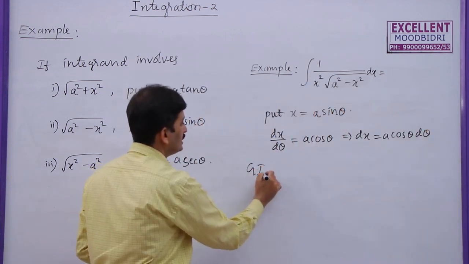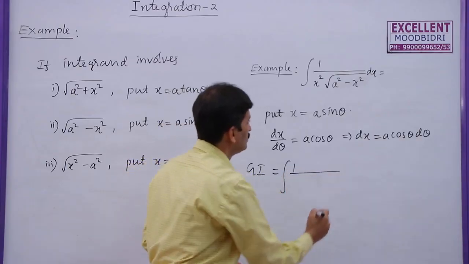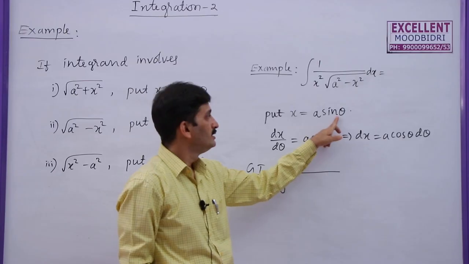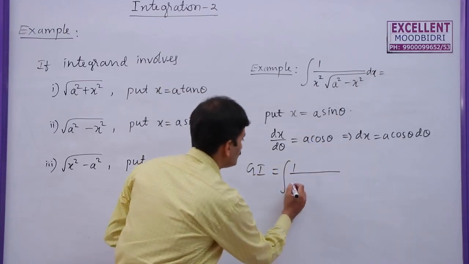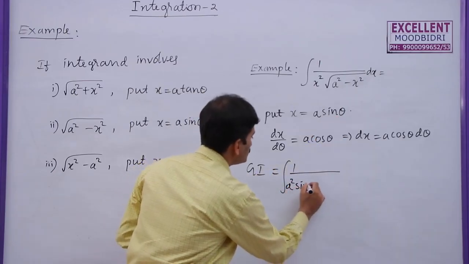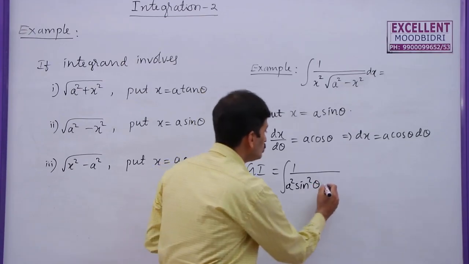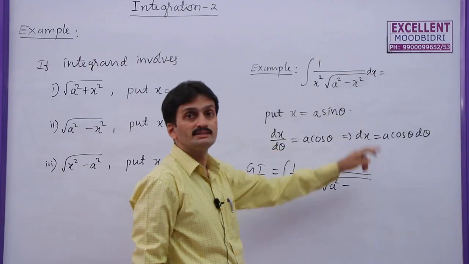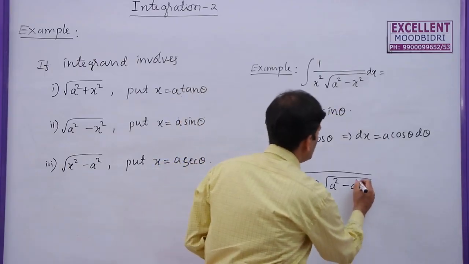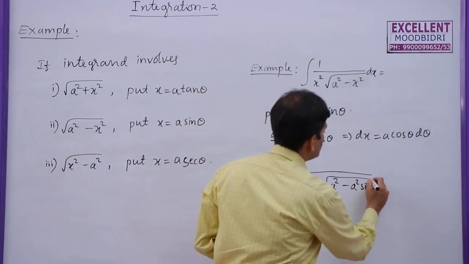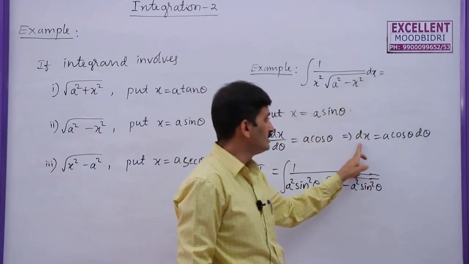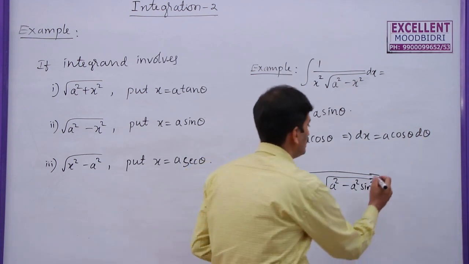So the given integral equals 1 by x square, where x is a sin theta. So what is x square? A square sin square theta, into root of a square minus x square, which is again a square sin square theta. But what is dx? Dx becomes a cos theta d theta.